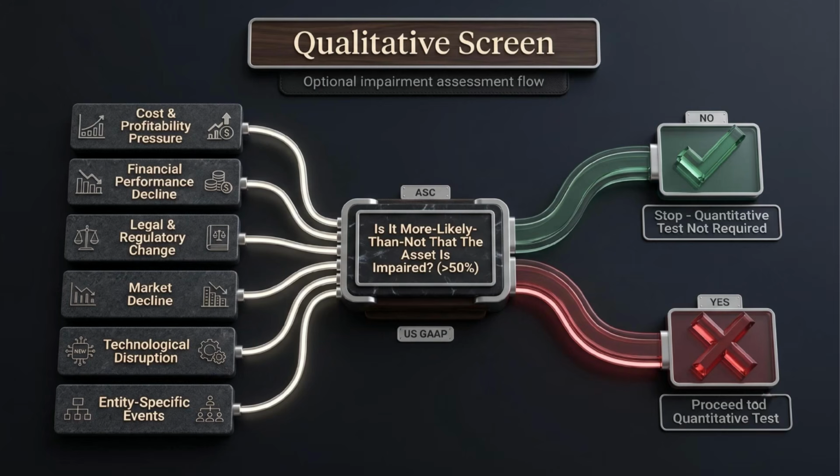Inputs may include cost increases, declining financial performance, adverse legal or regulatory changes, market decline, technology changes, and entity specific events such as restructuring. If the evidence does not indicate likely impairment, the company can document that conclusion and avoid the quantitative test. If the evidence points toward impairment, the quantitative test is required.